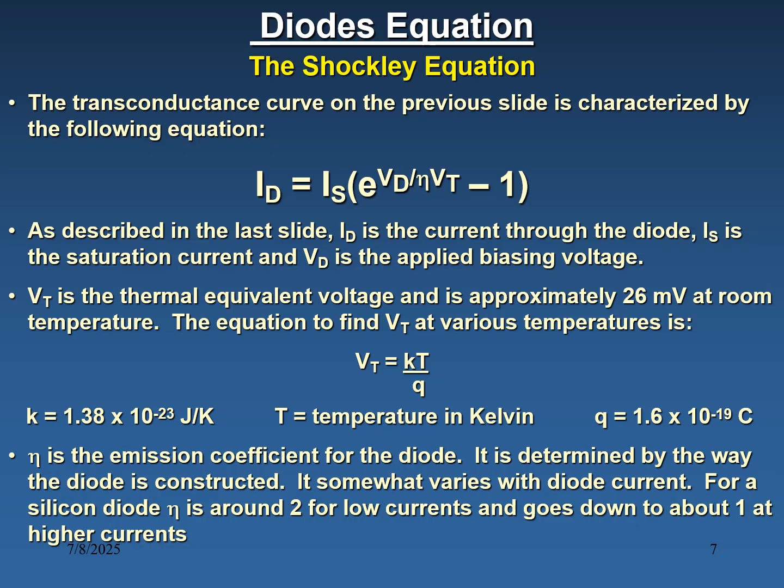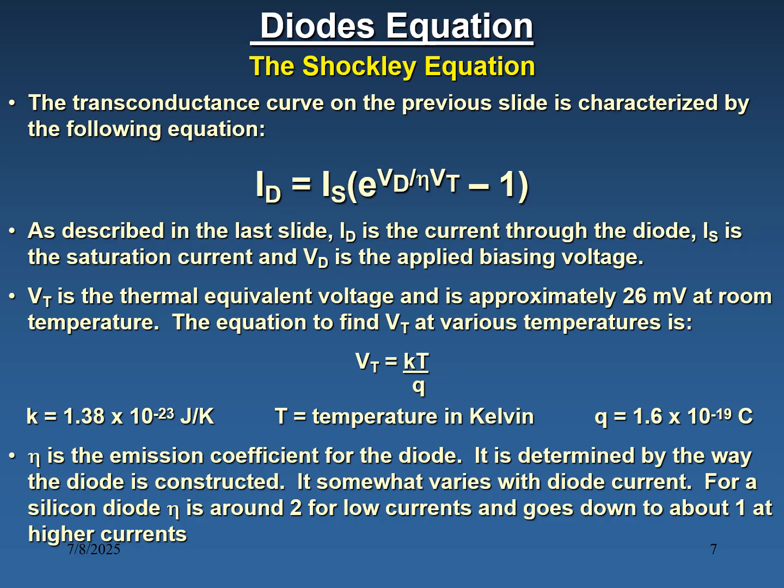This is the diode equation. The current through the diode ID is equal to IS, the saturation current, reverse saturation current, times e power VD by eta VT, minus 1, where VD is the applied voltage.